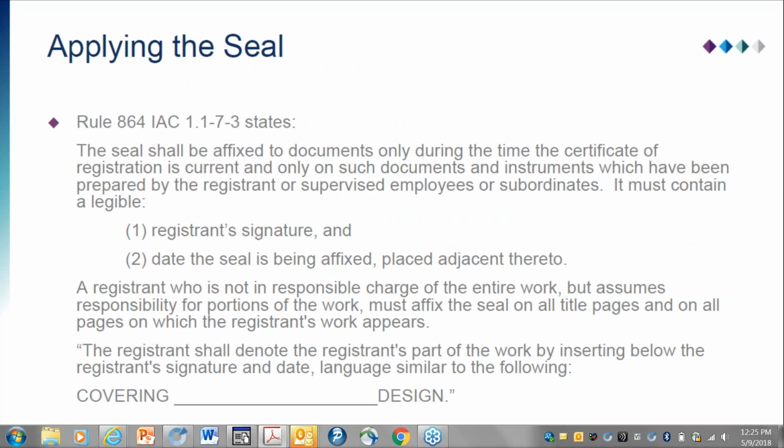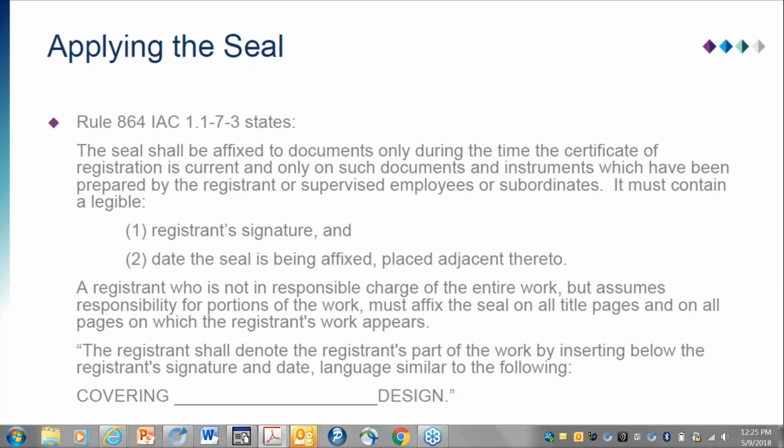And notice perhaps the obvious thing. You can put your seal on there only when your certificate of registration is current. Well, that shouldn't be a surprise. But if you were suspended for whatever reason, here's a simple example.